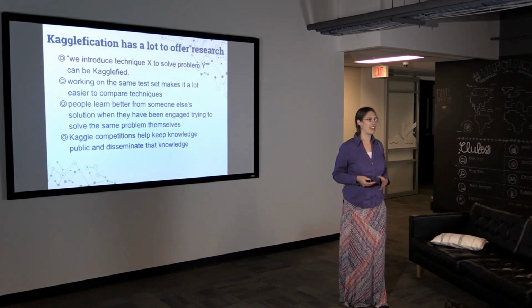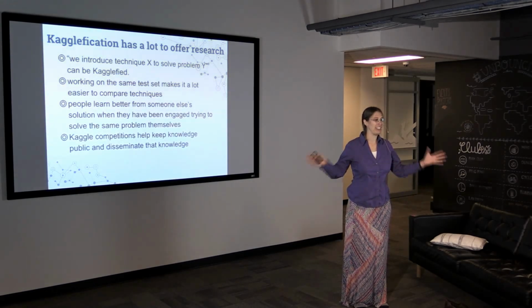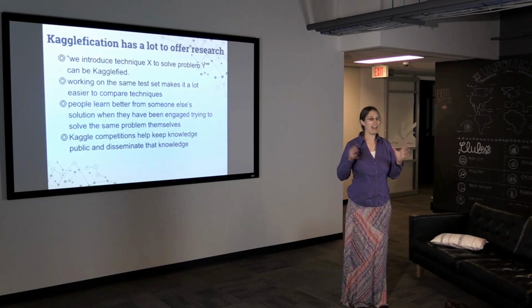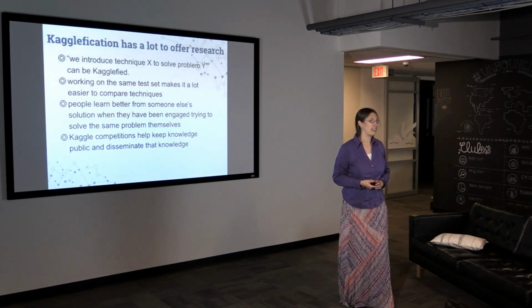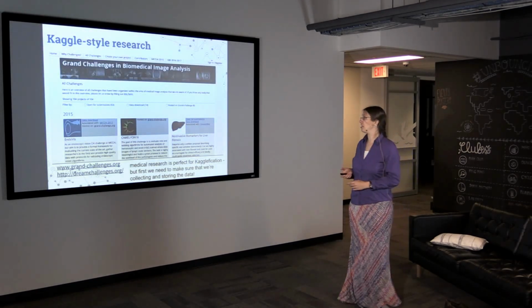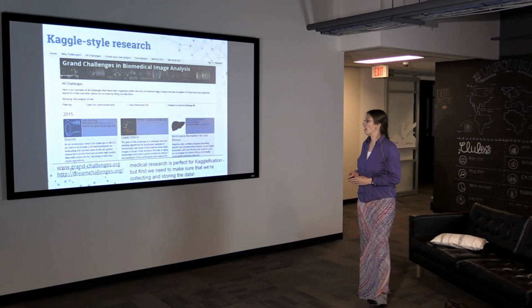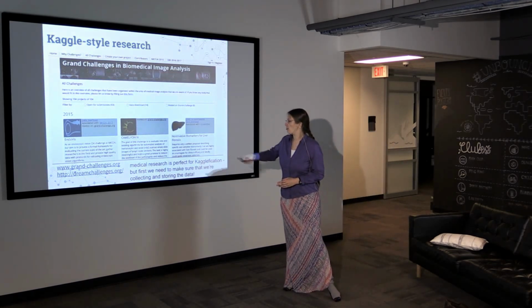Google has gone and hired all the top neural network researchers, and that information is basically now all owned by Google. But by having Kaggle keep this information and these ideas public, that helps to disseminate these ideas. So there's actually a couple of different organizations that are doing Kaggle-style competitions in biomedical research, Grand Challenges and Dream Challenges.